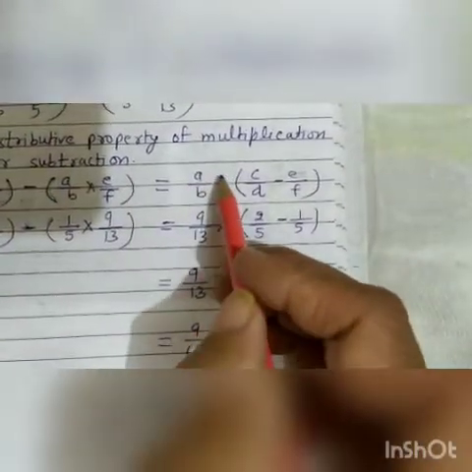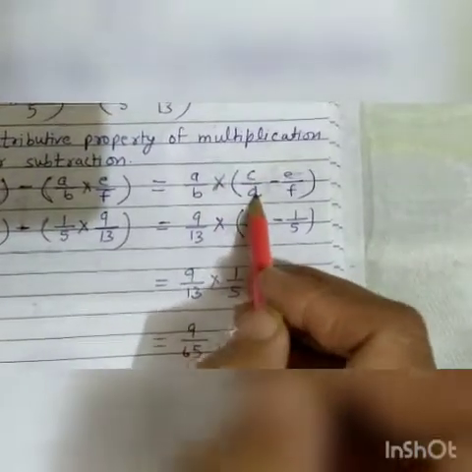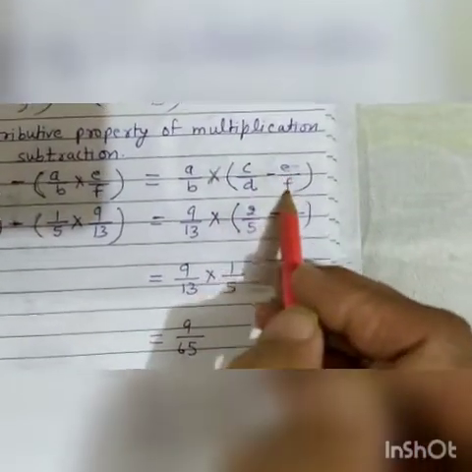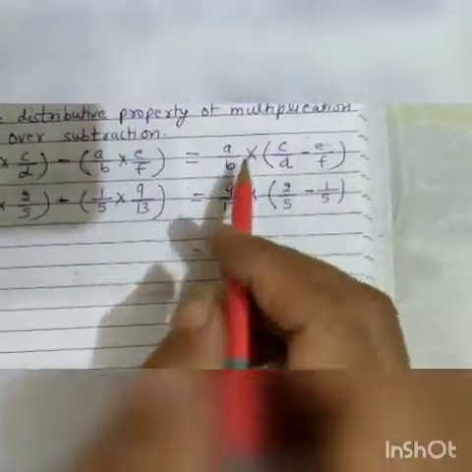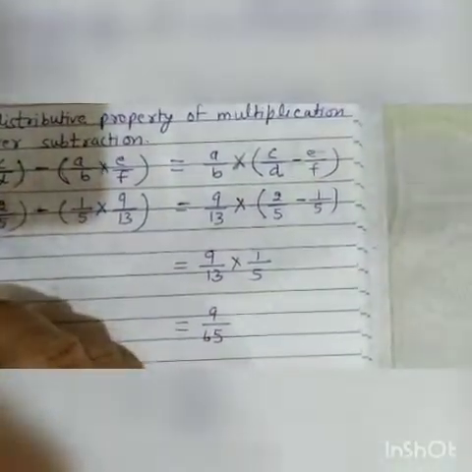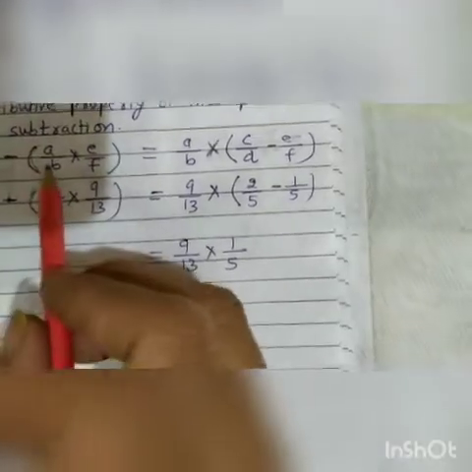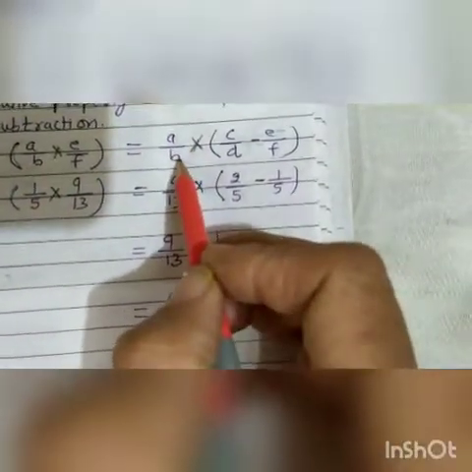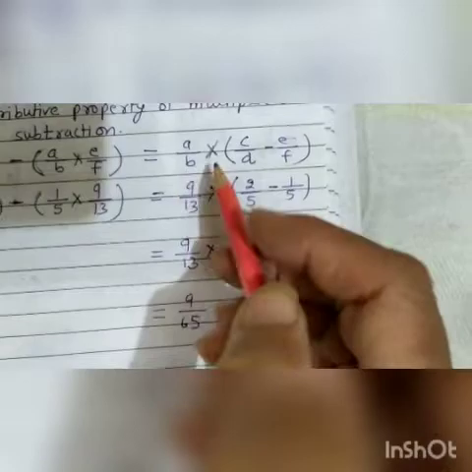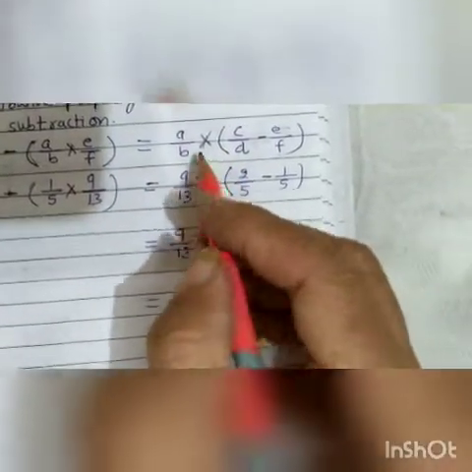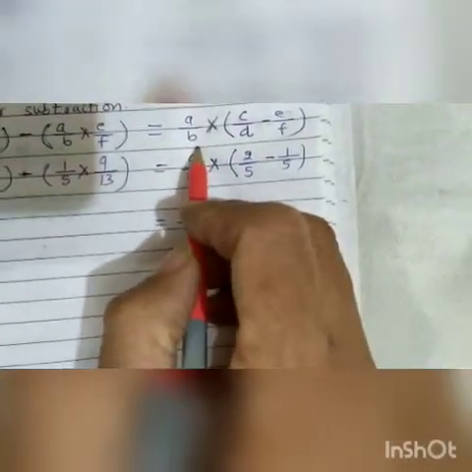So a upon b into c upon d minus e upon f. Students, see, the rational number which is same in both the bracket, we write that rational number out of the bracket. It is called as take out common. What we say? Take out common.